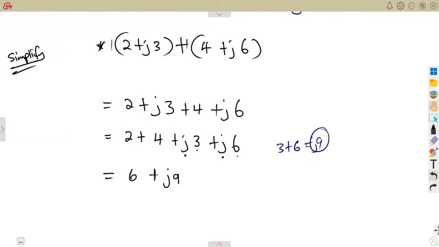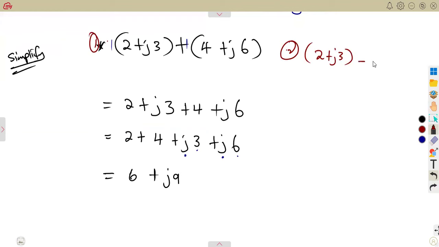If it was a subtraction on the same question, let's say they gave us 2 plus J3 minus a bracket 4 plus J6. One and the same. Expand, there is a -1 here. Here it's just a positive.